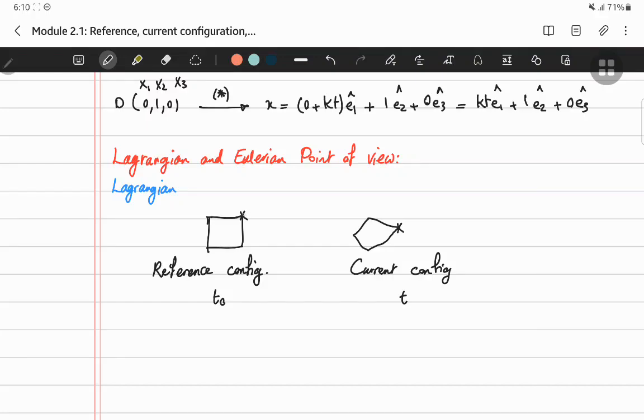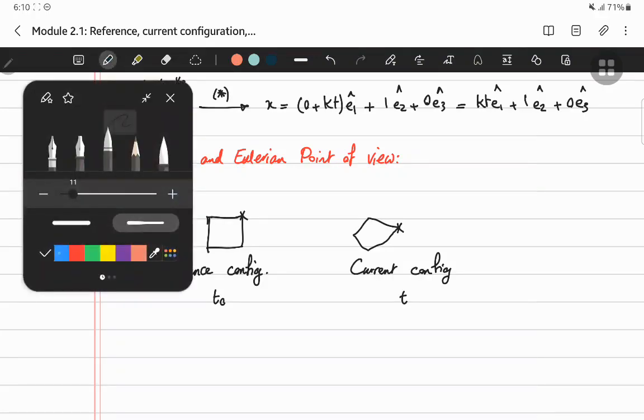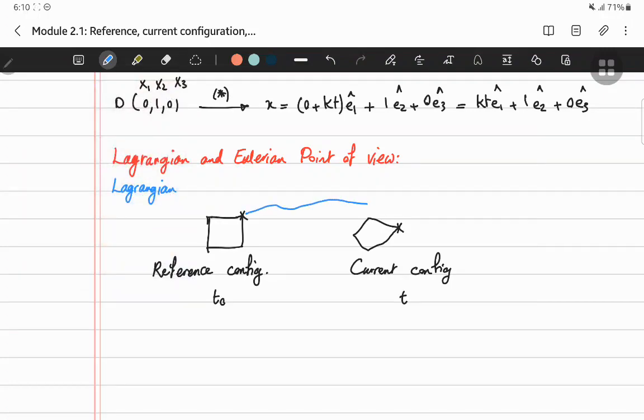So you move with this particle. So we call it Lagrangian point of view.